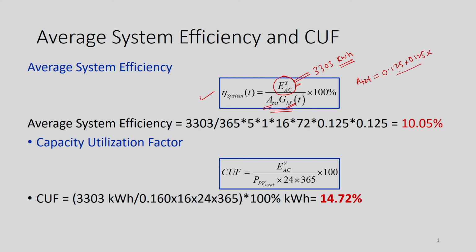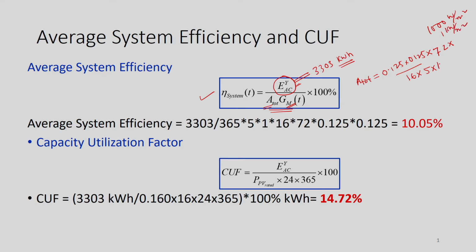And then for this kind of module, what we have considered in this case is 72 such cells, and then we will have 16 modules, okay. And it says peak sun hour is 5, and then solar radiation is 1000 watt per meter square. So, in kilo it will be 1 kilowatt per meter square.